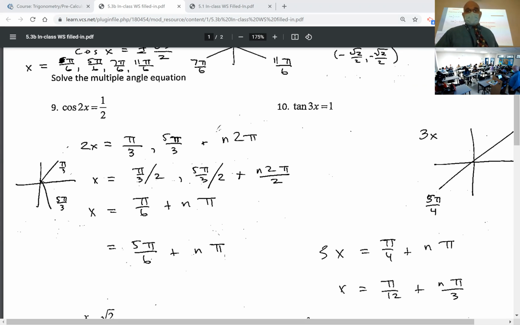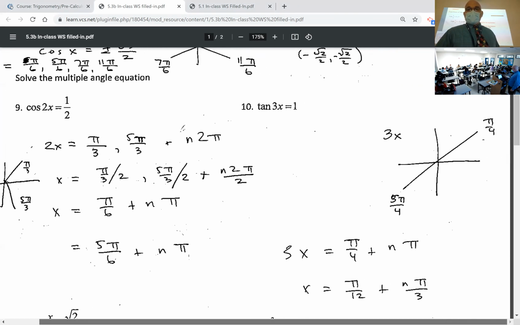Number 10, tangent of 3x equals 1. Well, tangent of x is equal to 1 at pi over 4 and 5 pi over 4, or pi over 4 plus n pi. The last step, I'm going to need to get rid of that 3, so I'm going to divide both sides by 3. X is equal to pi over 12 plus n pi divided by 3.